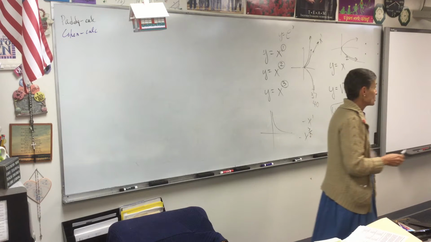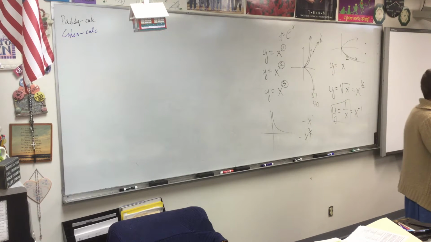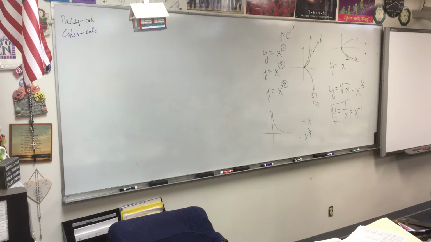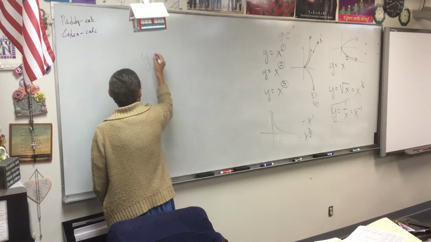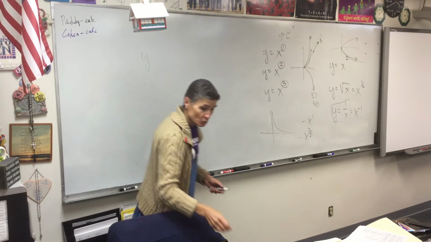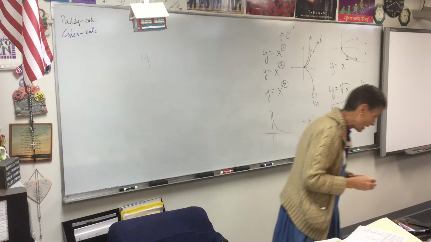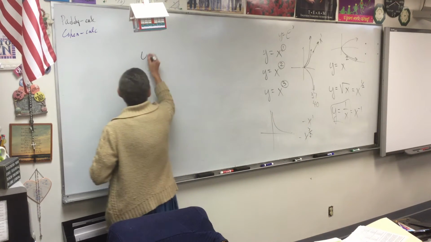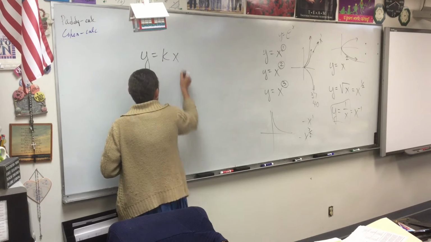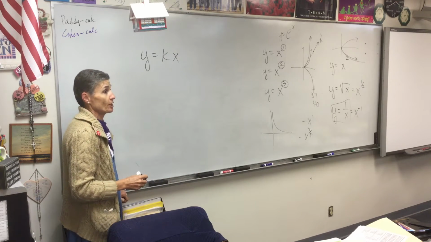That is direct variation. When both variables, how many pounds you buy and how much it costs, move in the same direction, both either get bigger together or smaller together, that's called direct variation. The formula for direct variation is y equals kx. Or you might think of it as y equals mx, because it's a linear relationship.